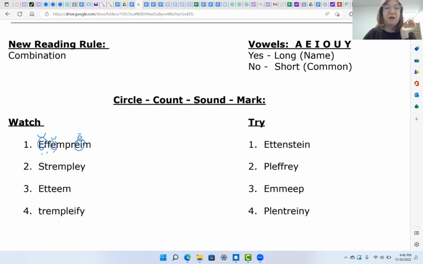S, E, F, M, preem. That was a doozy. That one's hard. Let's try yours. I'm going to mute and clear my throat while you guys mark that out. Mark it.